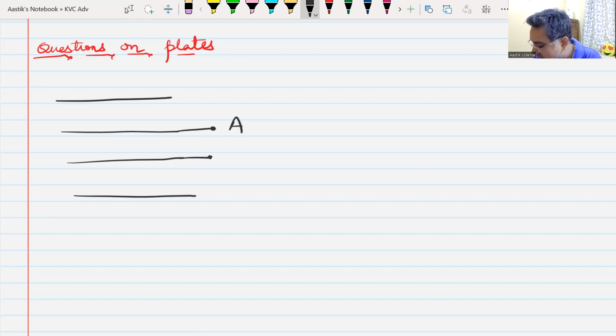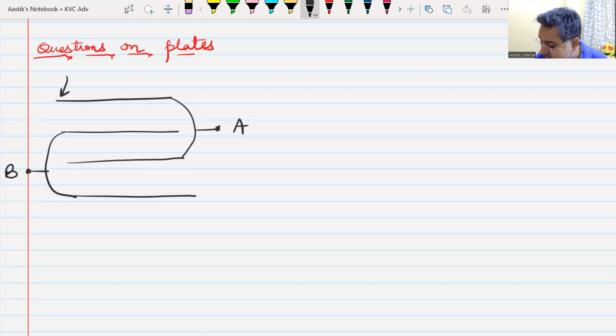Let me make it this way. These two plates are connected to point A. These two plates are connected to point B, and you are supposed to find out the capacitance of this system.